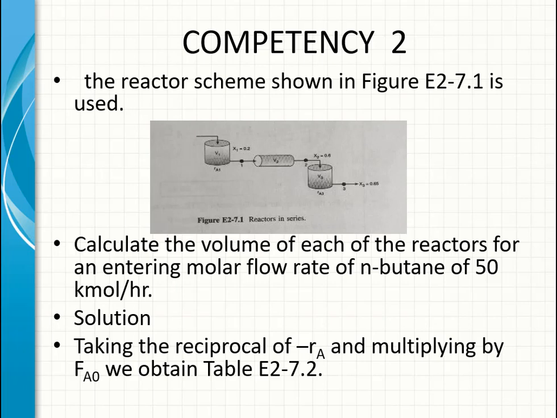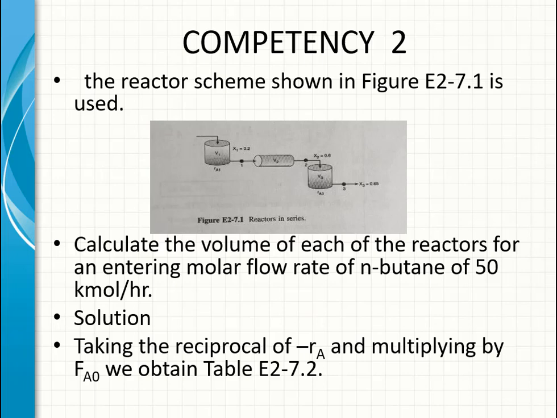And the last reactor, a CSTR, from which we get a 0.65 conversion, and they are placed in series. We are going to calculate the volume of each of the reactors for an entering molar flow rate of n-butane of 50 kilomoles per hour.